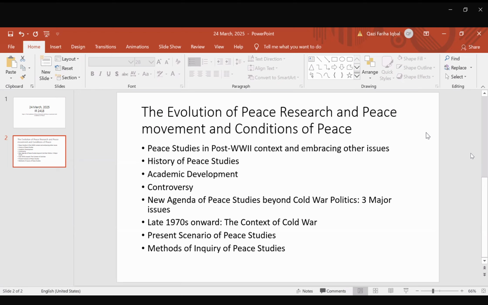However, all those initiatives failed, as certain political developments led towards the outbreak of the Second World War, right? The world had faced a First World War and a Second World War, and in between there was a gap of only 25 years. The Second World War broke out 25 years after the First World War.